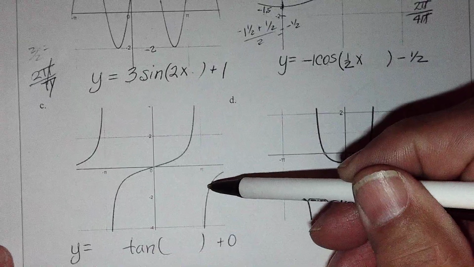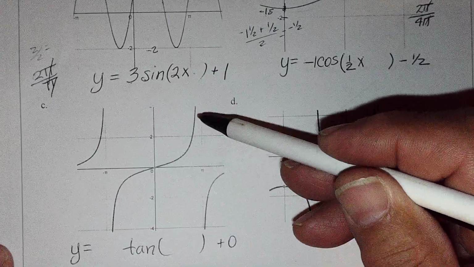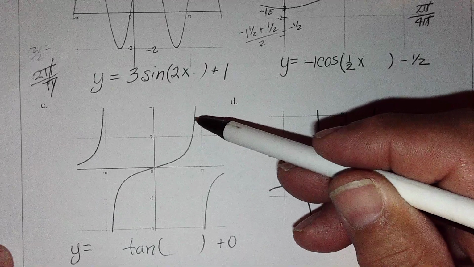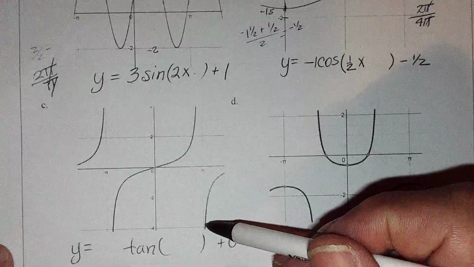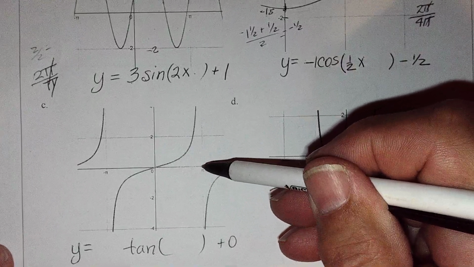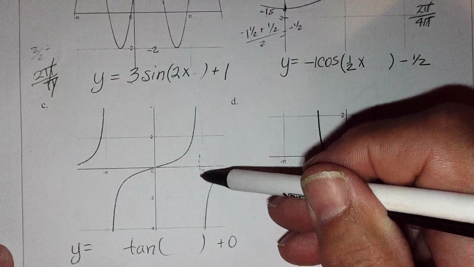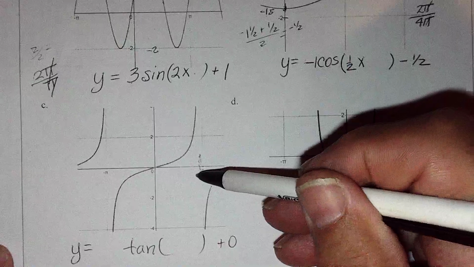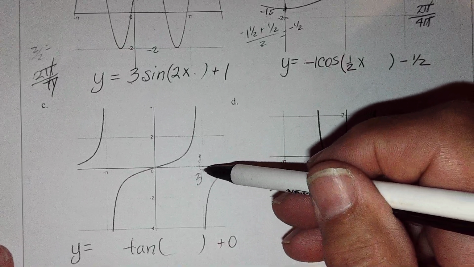Now this is a little tricky here. You can kind of see this, and it looks like it's up here. It's further away than here. So I don't think the asymptote is at pi. I think it's a little bit before pi, which I'm guessing is probably about 3 instead of 3.14.